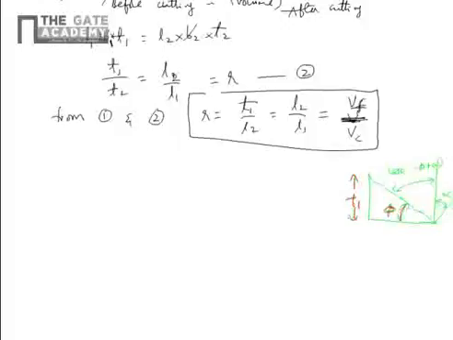This one is shear angle phi. This one is alpha, rake angle, it's nothing but back rake angle.